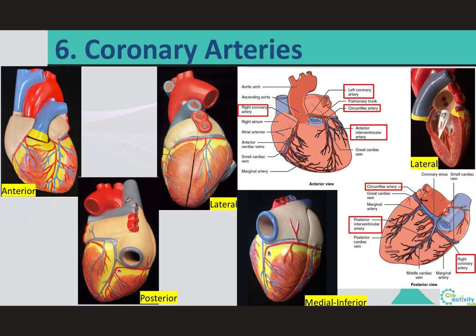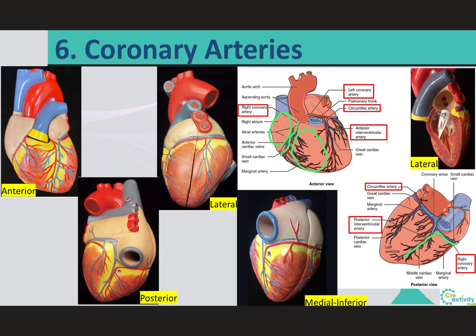So as soon as it leaves the heart, it will then travel between the right atrium and the right ventricle, and it will circulate around, going all the way to the posterior side. As we trace the right coronary artery going around the right atrium, you can see that it will start to go down posteriorly.